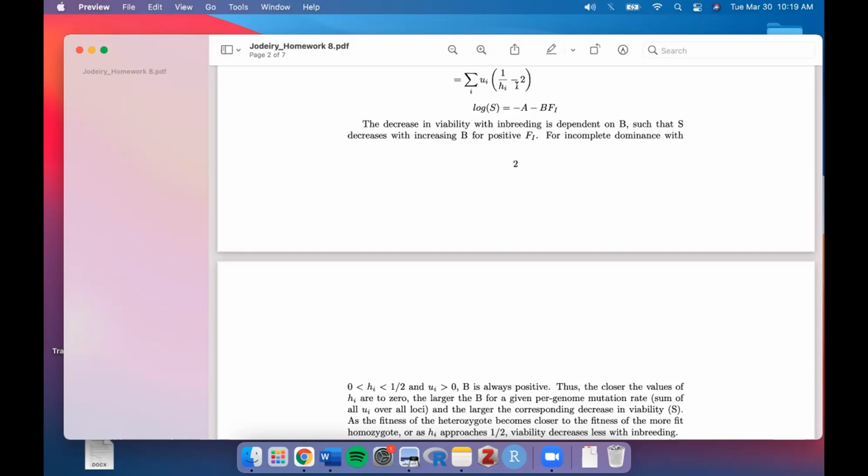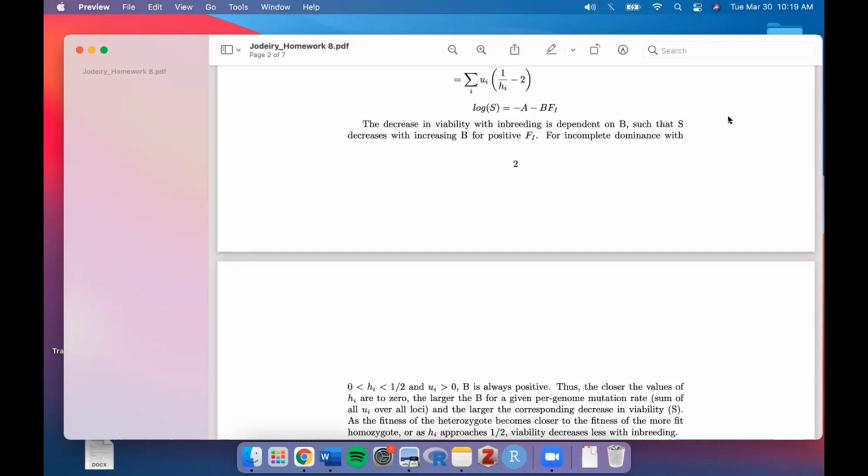Additionally, the closer the value of H_i is to 0, the larger a value of B is for a given sum over all mutation rates. And the larger B is, the larger the corresponding decrease in viability. So the way that I interpreted this was, as H becomes closer to a half, for a given value of F_i, the viability will decrease less, if that makes sense. So that's how I interpreted this.